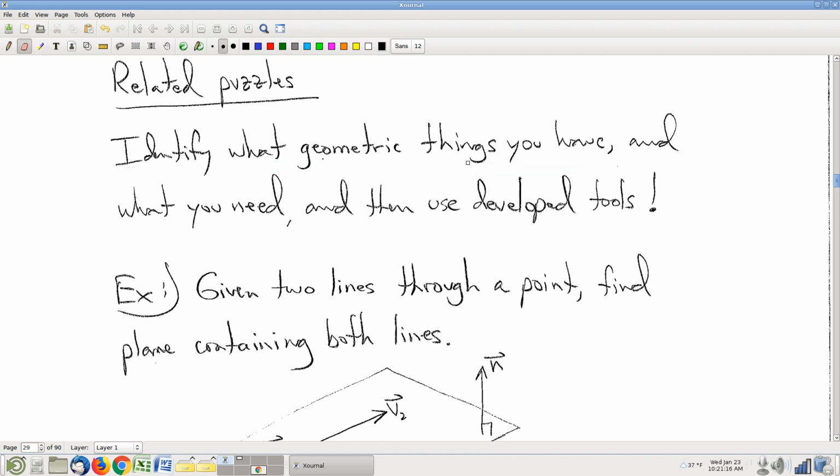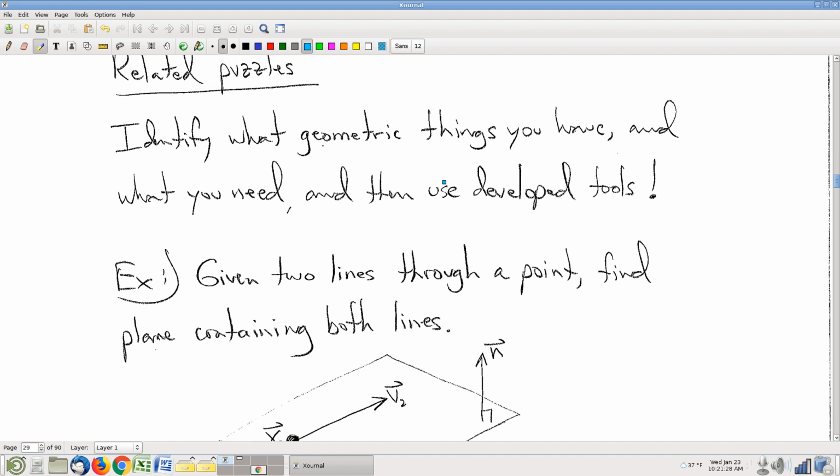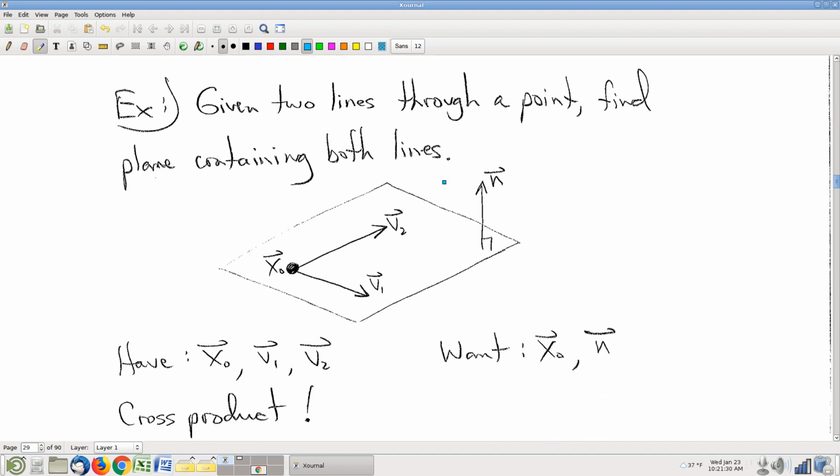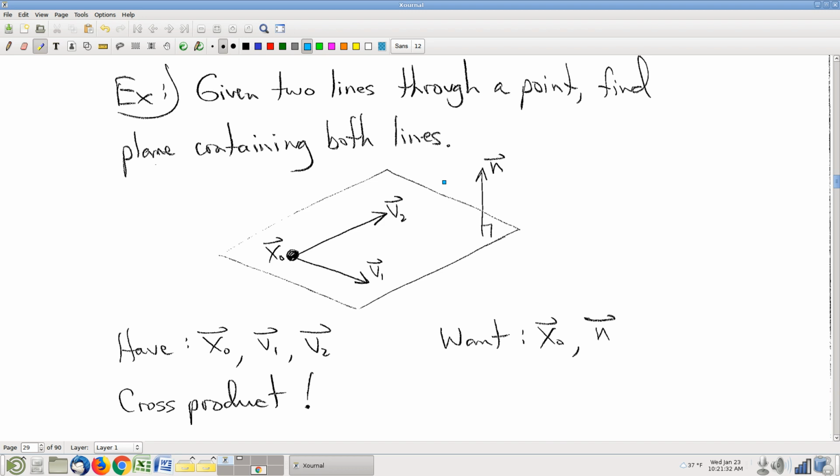So don't think of it as how do you go from this algebra to that algebra. Translate the question into how you go from these known geometric items to these other hopeful geometric items. In this case, you have two parameterizations given to you, and you want to find an equation.